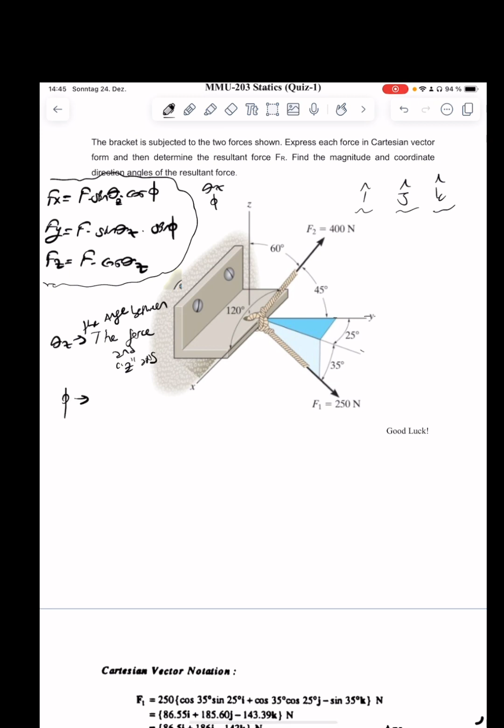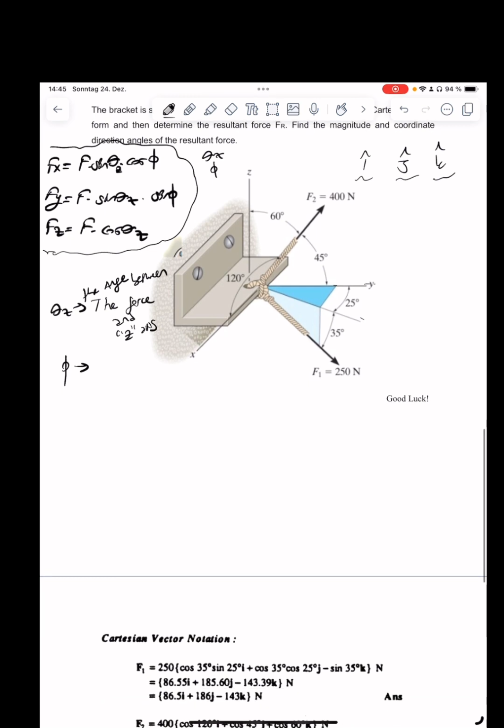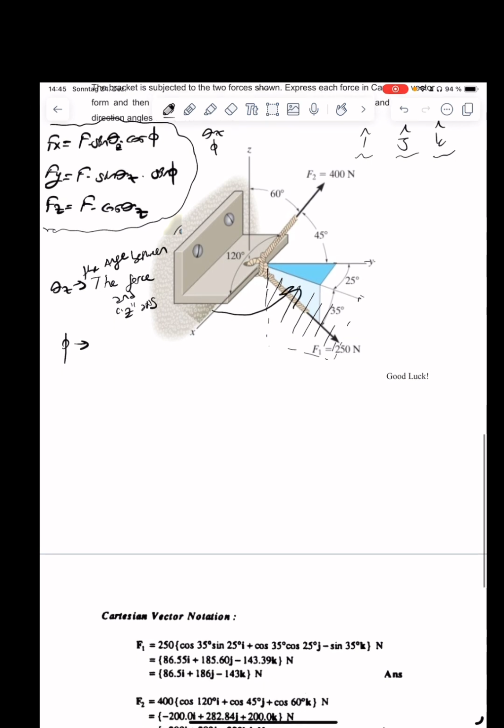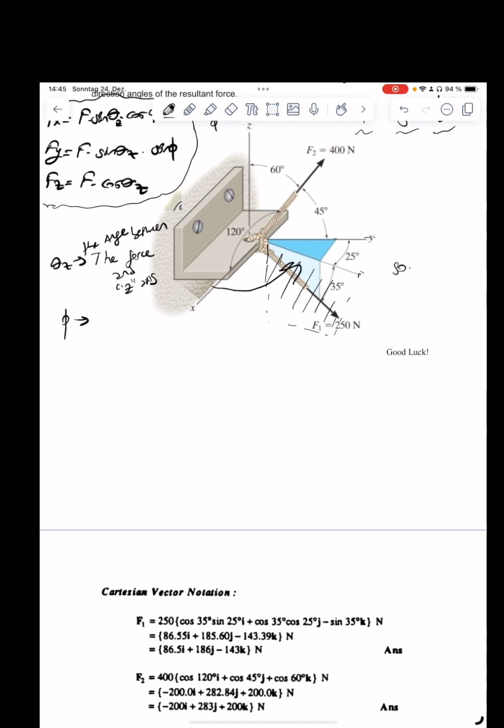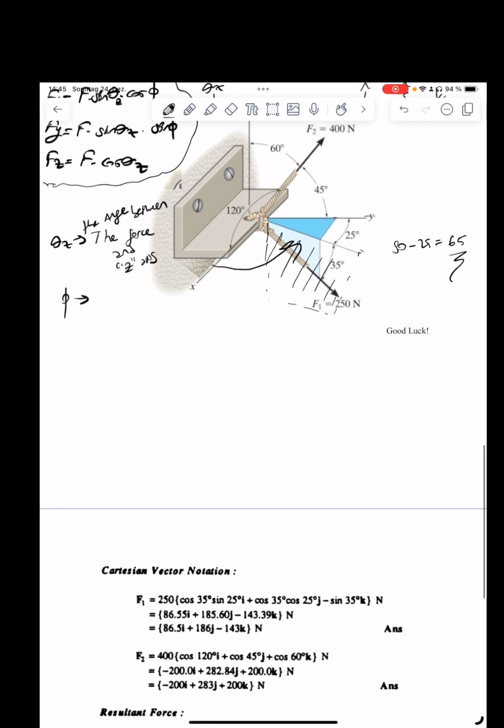Phi is the angle about, for example, here it's the door. From the x-axis, the door opens 90 minus 25 degrees. So for F1 it is 65, and it is free.